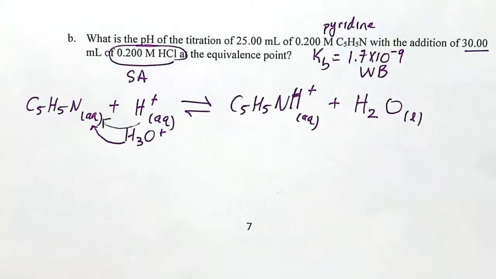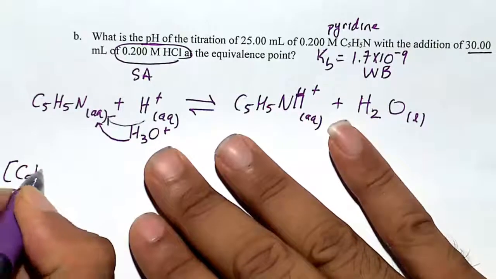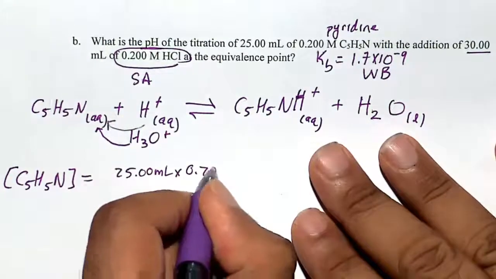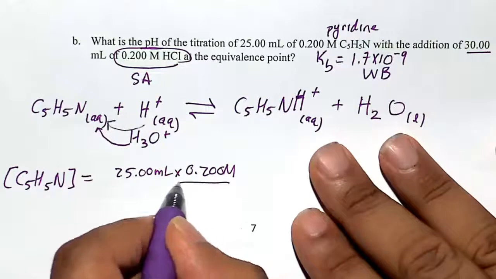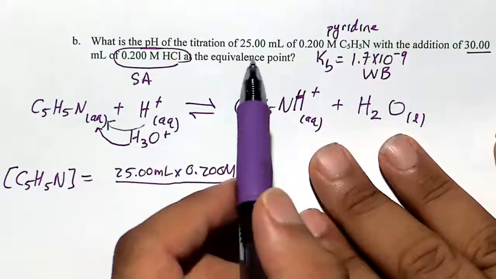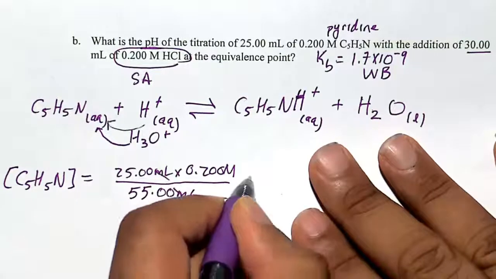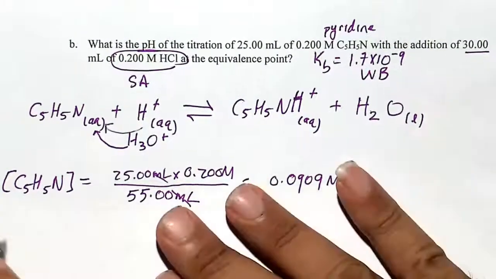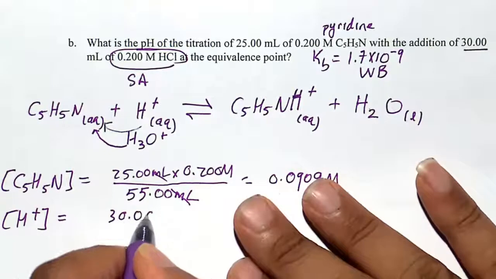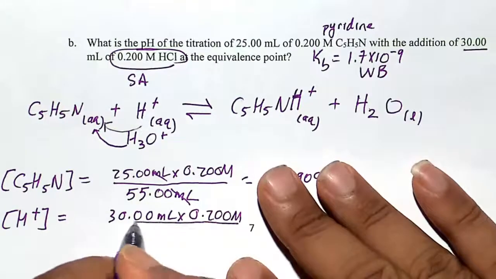Let's figure out the concentrations after the mixing of these two. You have first the final concentration of pyridine, C5H5N, 25 mL of a 0.200 molar solution of pyridine, reacted with 30 mL of a 0.200 molar solution. So our final volume will be 25 plus 30, 55.00 mL. The mLs cancel. For the HCl or H+, we have 30.00 mL of a 0.200 concentrated solution of HCl.